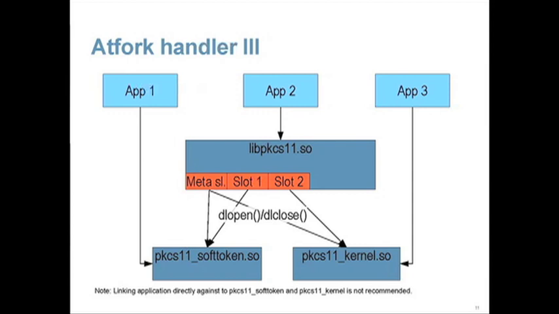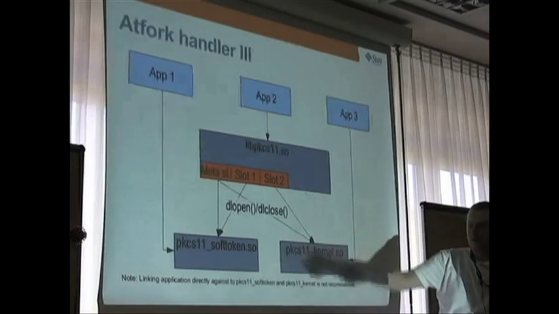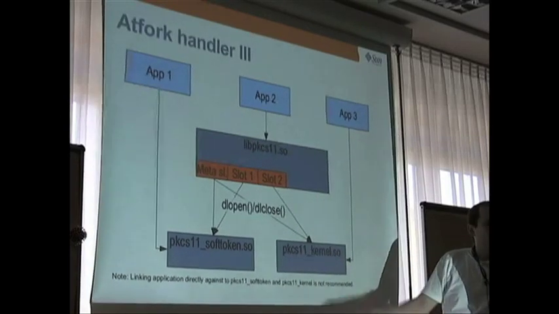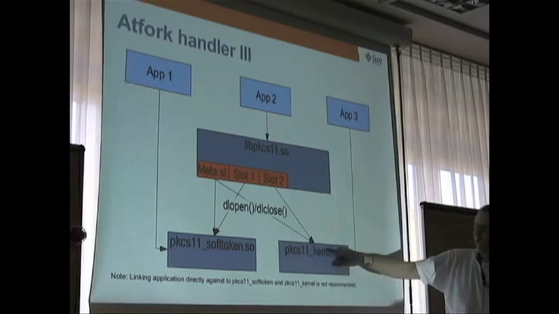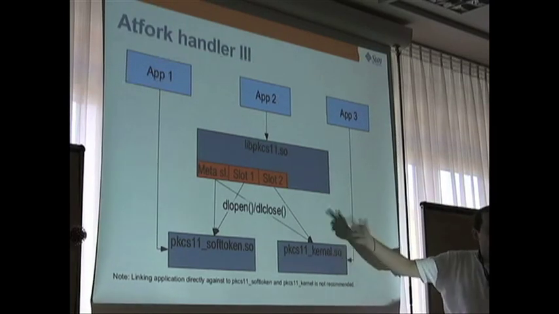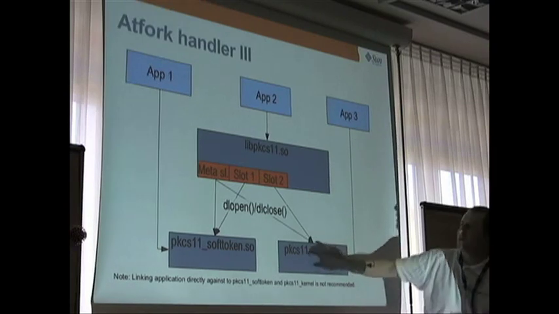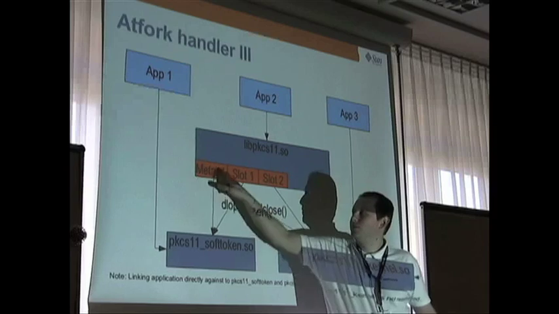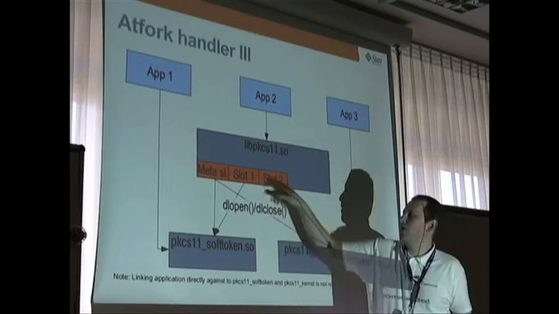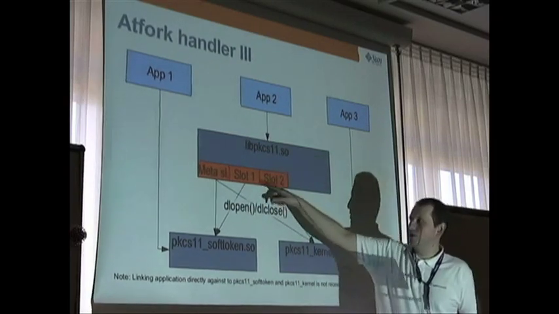There is the soft token, which is a soft emulation for hardware crypto. There is the kernel, which uses the hardware crypto framework to speed up crypto operations. And there is something like the meta slot, where the other slots are just wrappers.